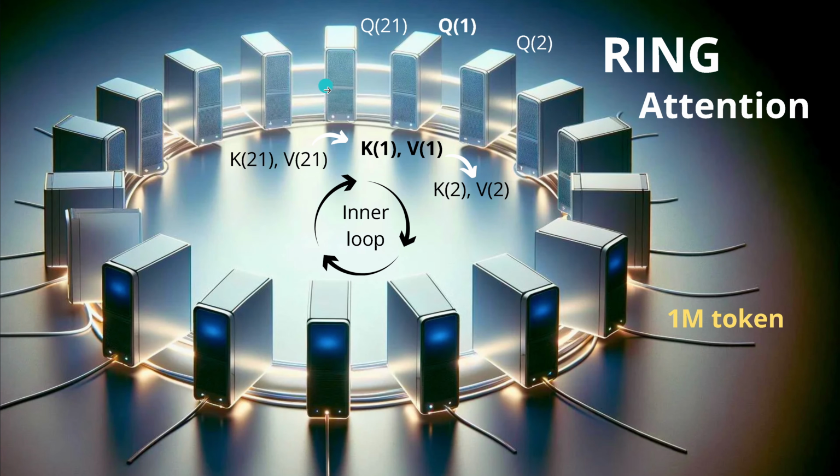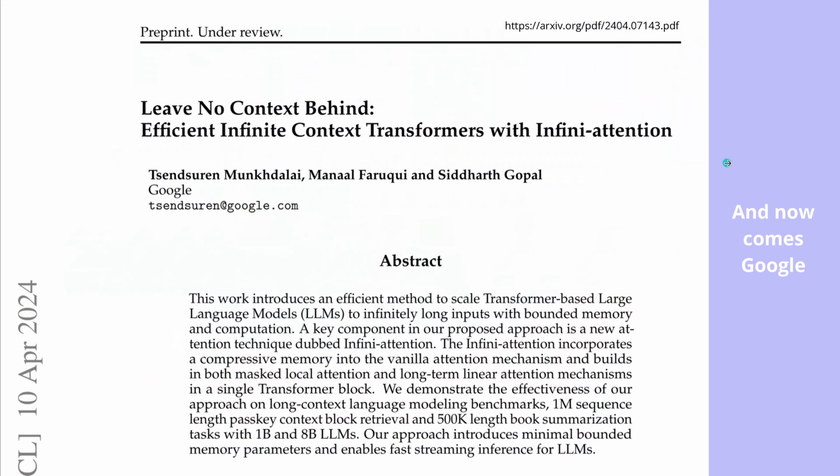Because while the machine was computing the new key value pairs, the transmission to the next one and the input from the machine before happened exactly in this time interval. And we achieved at least 1 million tokens with an outlook to 16 million tokens.